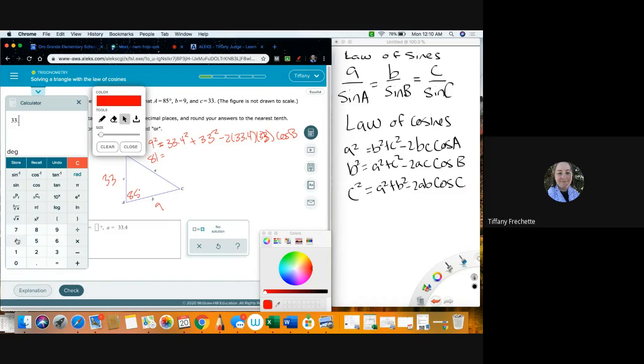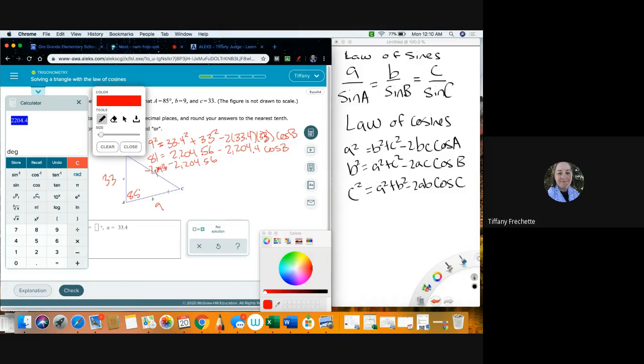Let's see, we have 33.4 squared plus 33 squared equals, so we get 2,204.56 minus 2 times 33.4 times 33 equals 2,204.4 cosine of B. All right, so now we're going to subtract 2,204.56 from both sides.